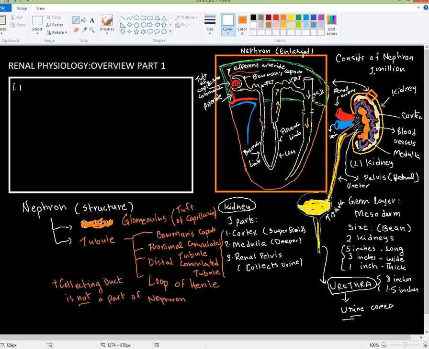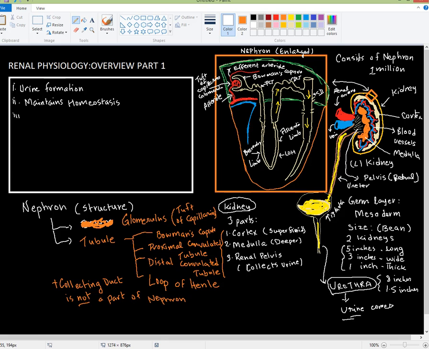So let's start with, as we know, urine formation, and we'll talk a little bit more about it in details. Just the major thing. So urine formation, and then it maintains homeostasis, and we'll talk about it also.